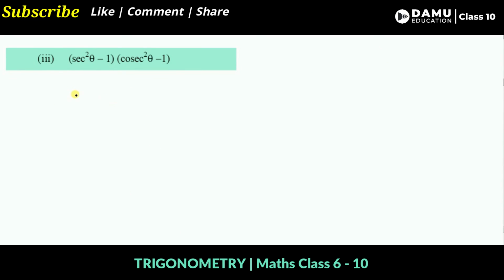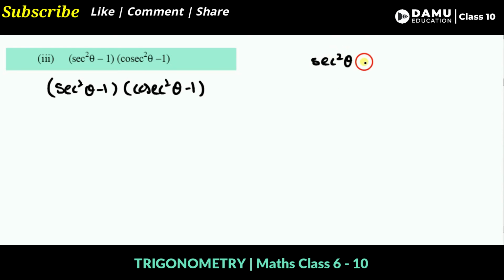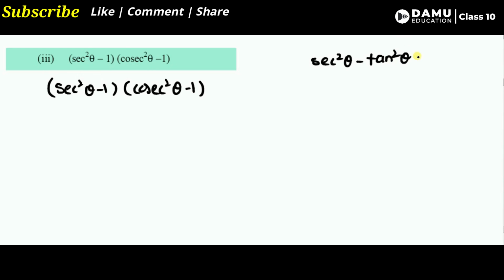Let's move on to the third one, that is (secant square theta minus 1) into (cosecant square theta minus 1). As we know, secant square theta minus tan square theta will be equal to 1. From this, shifting to the other side, we get secant square theta minus 1 will be equal to tan square theta.